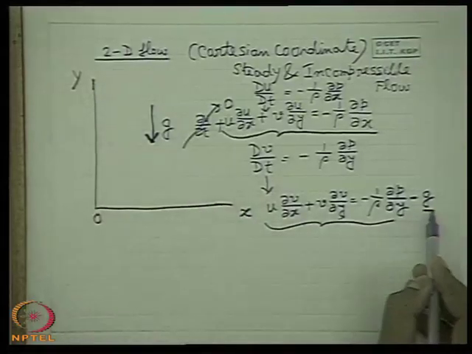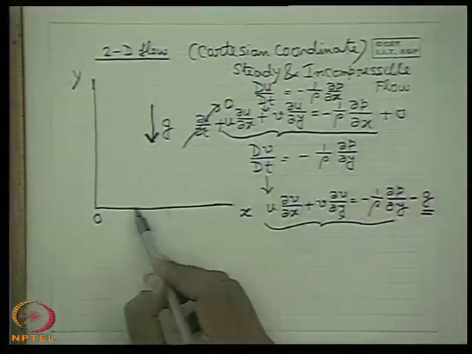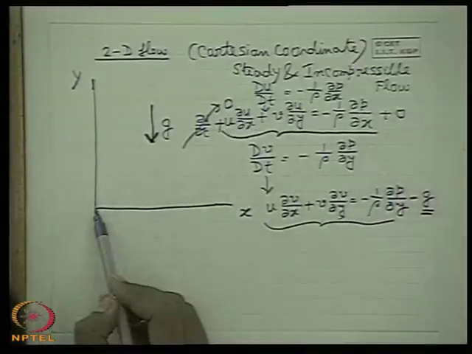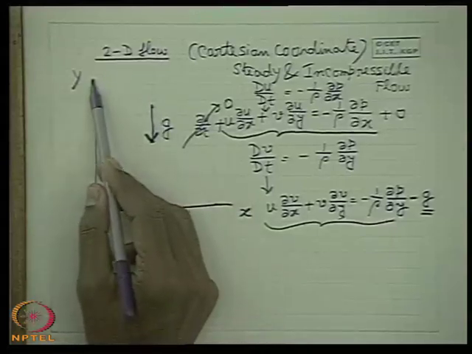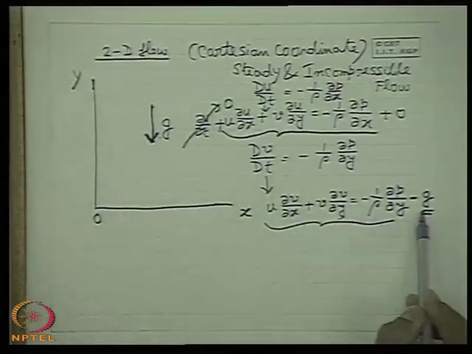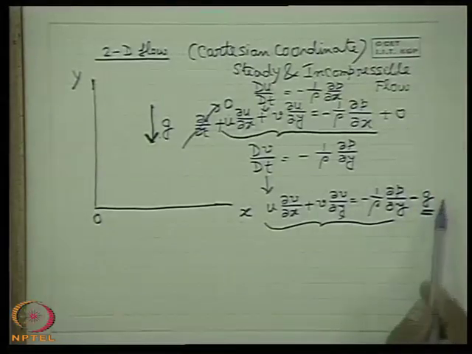So therefore minus g comes as the body force. In the direction of x there is no body force. We have chosen the y axis directed vertically upwards so that the gravity force comes as the body force. So on a per unit mass basis it appears as minus g.